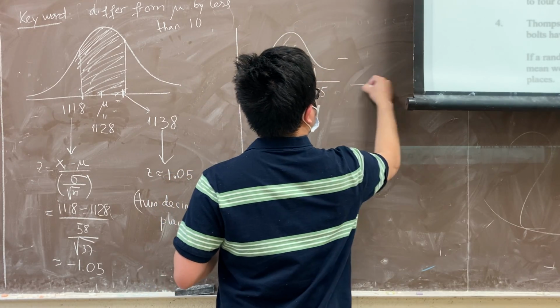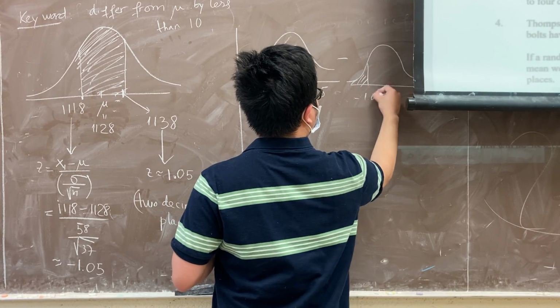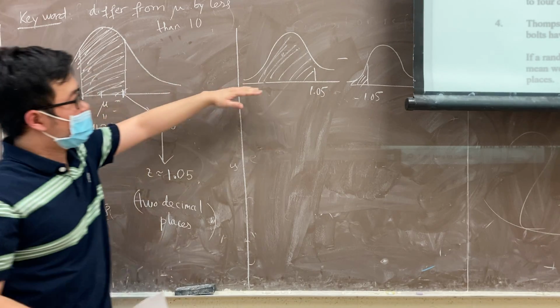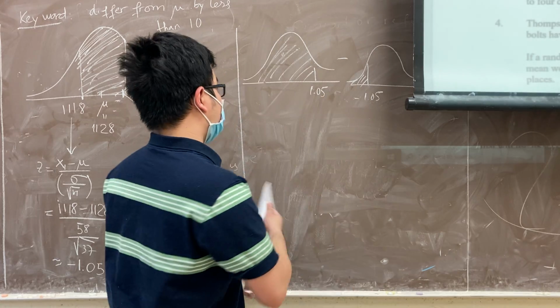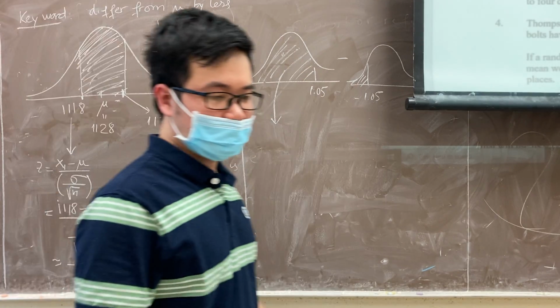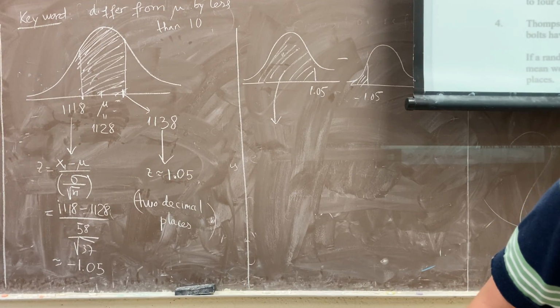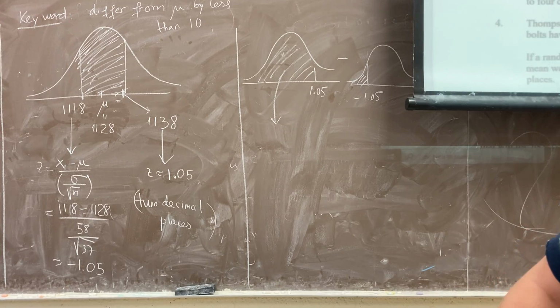You can see the area here will be equal to this area minus this area. So you can use your table to find this area. For 1.05, the area here is 0.85.